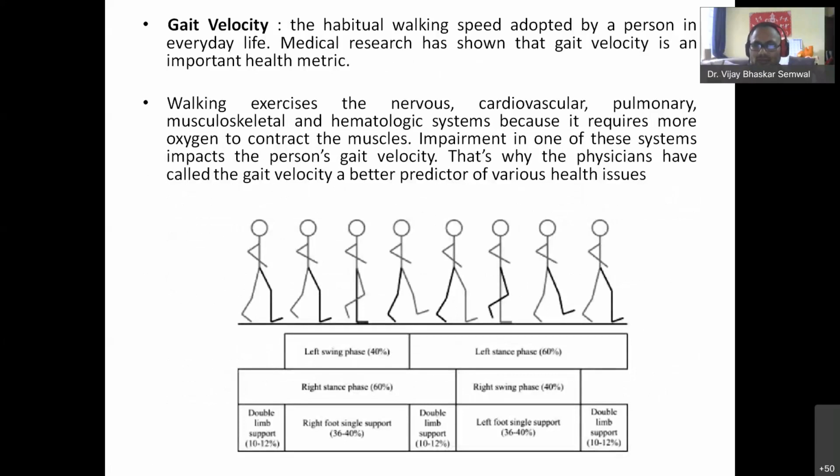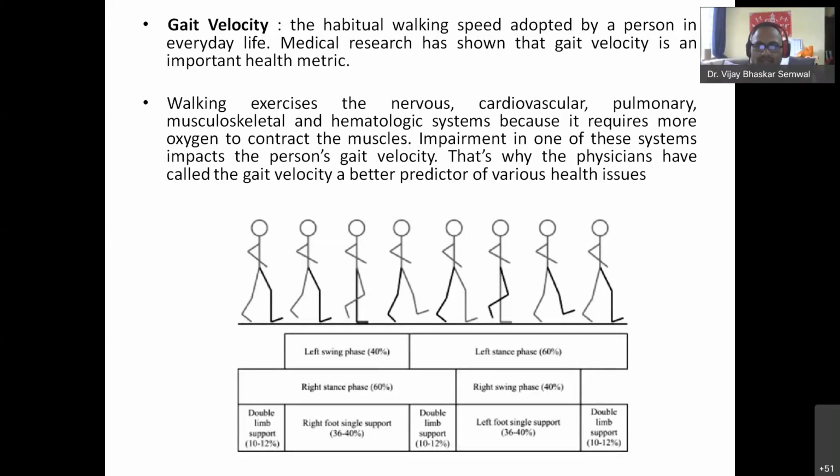Here I will introduce a new term, that is gait velocity. For gait cycle, step length and stride length, everything was explained. Gait velocity is the habitual walking speed adopted by a person in everyday life. Suppose a particular person is walking 2 kilometers per hour, 3 kilometers per hour, or 4 kilometers per hour. This is considered gait velocity.